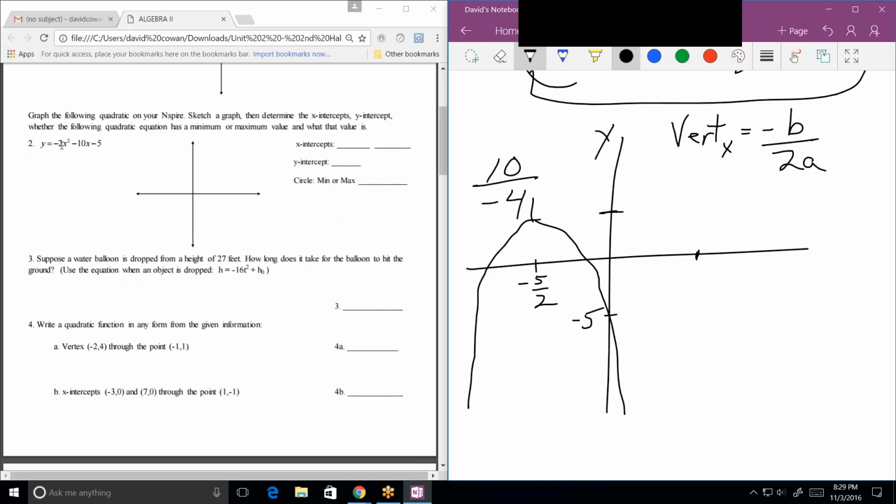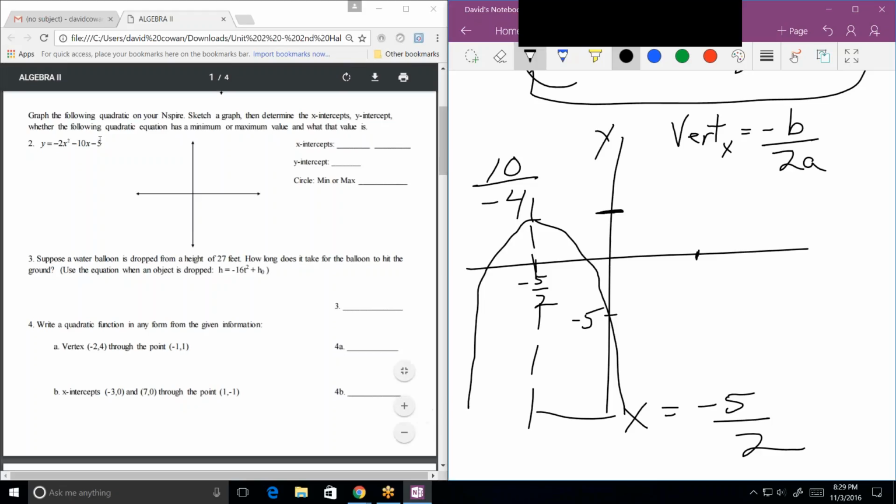And that's also the axis of symmetry would be x equals minus 5/2. Now, the point we want to know is that point right there. Well, if I plug in minus 5/2 for x, I will figure out what y is.